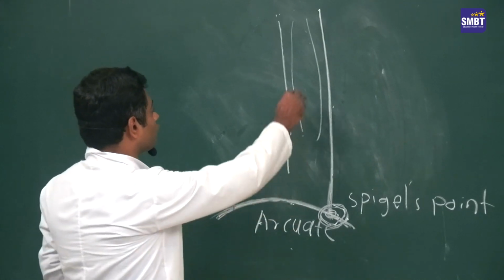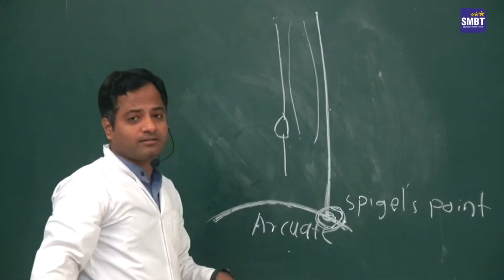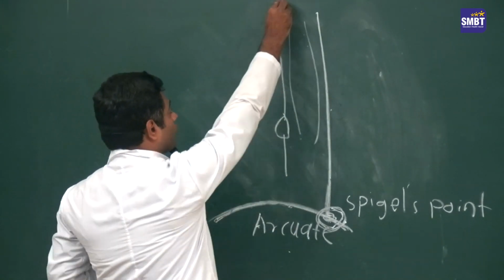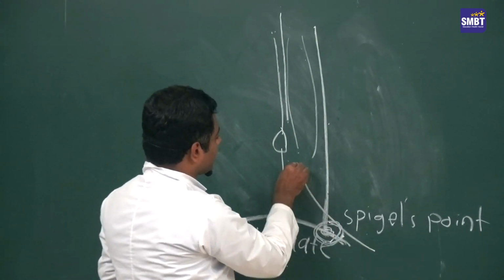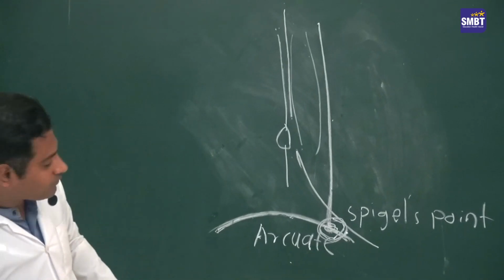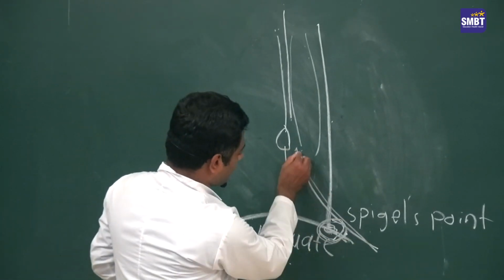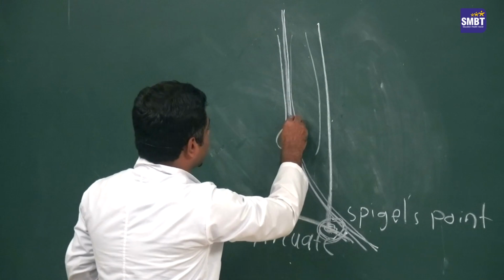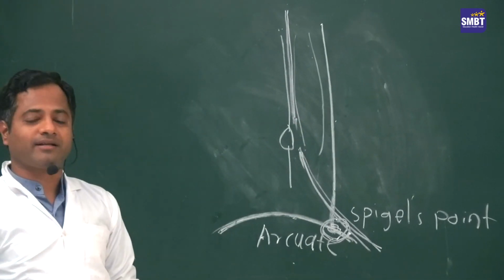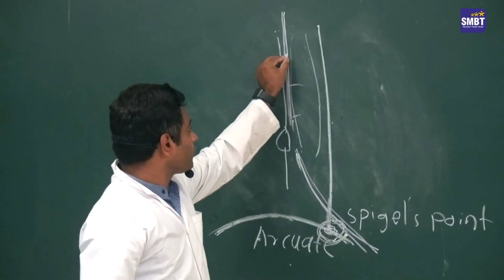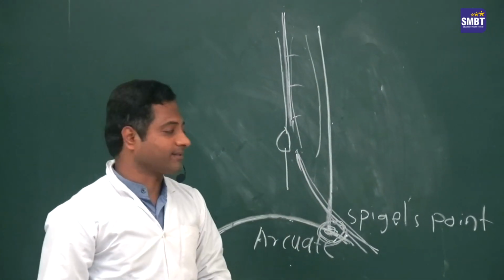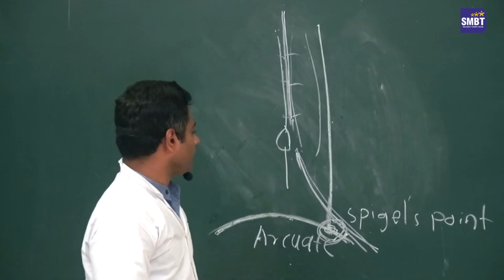Okay, so there are two vessels which run below the rectus abdominis muscle: the superior epigastric artery and the inferior epigastric artery. The superior epigastric artery is a continuation of the internal mammary artery, which gives perforators to the rectus abdominis muscle as well as the anterior rectus sheath and the linea alba.